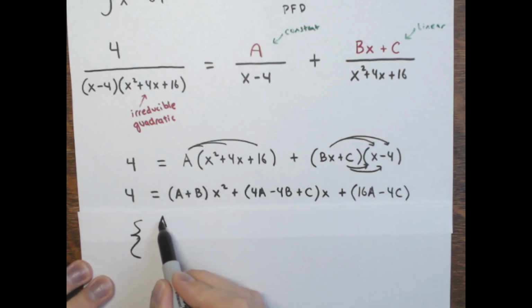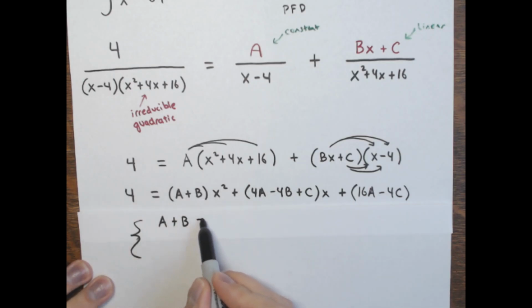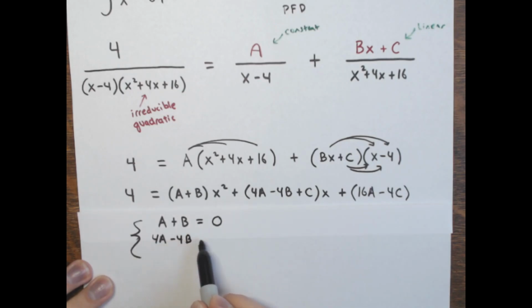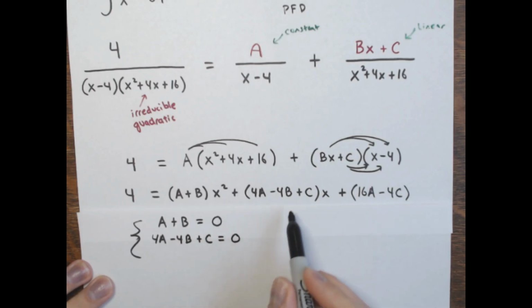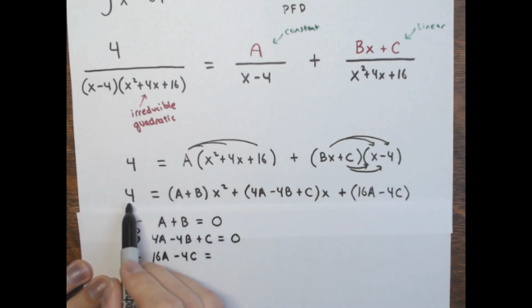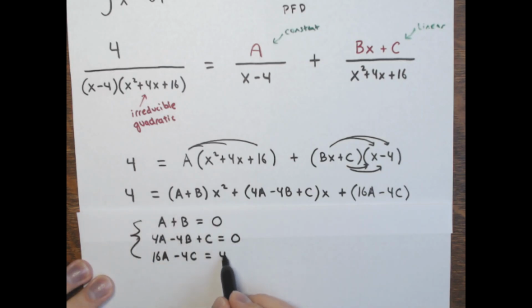So A plus B must be equal to 0. There's no x squared on the left. The coefficient of x, 4A minus 4B plus C, must be equal to 0 as well. There's no x on the left. And then the constants, 16A minus 4C must be equal to 4. The constant on the left side is 4.